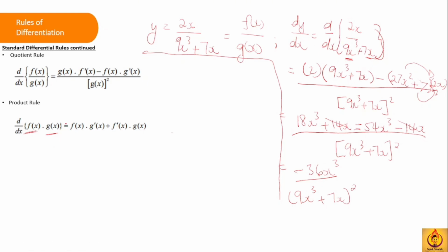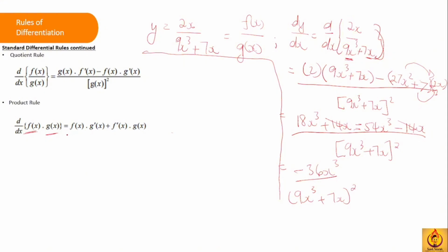The first product will be the derivative of one of the functions multiplied by the other function. The second product, once again, will be the derivative of a function multiplied by the other function.